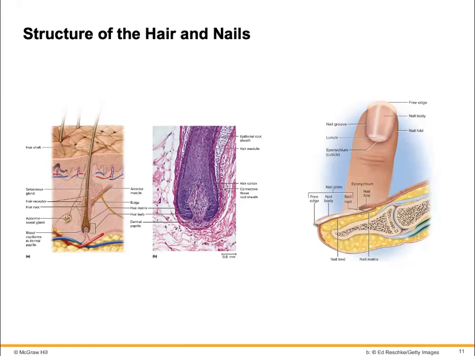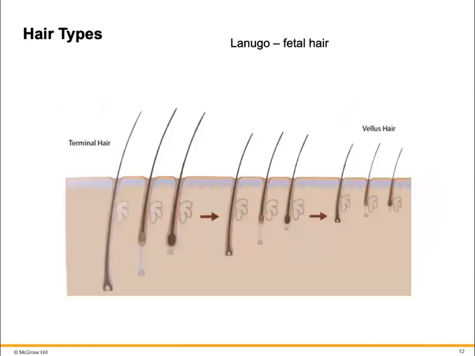So basically think of it more as a webbed system, that there's lots of overlap and there's more of them. So I'm going to spend a little bit of time focusing on hair, and then we'll move into the cutaneous glands, which are also accessory organs of the skin. When it comes to hair types, your book talks about lanugo, which I could not find a good picture of because it's technically considered fetal hair.